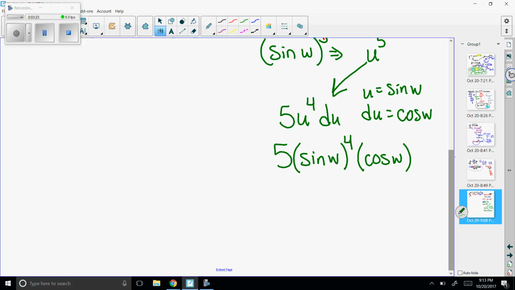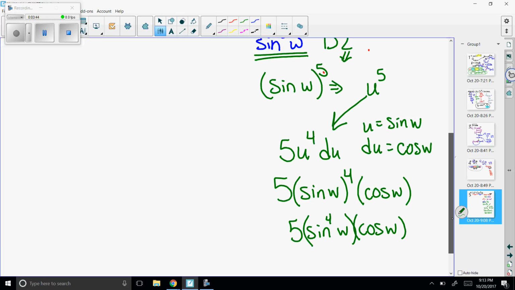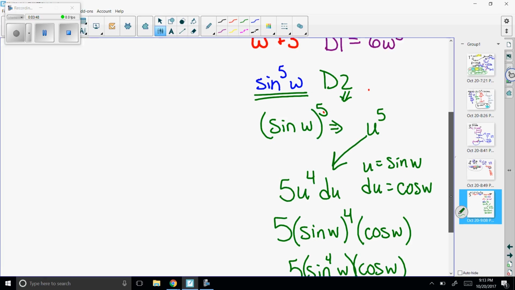So the way that they are going to write d2 is 5, the sine, with the 4 right after the sine as a power, and then the cosine of w. Now, whether they put that sine in parentheses or not, I don't know. That's up to how your professor is working with you. Probably not, but they would put the w in parentheses.